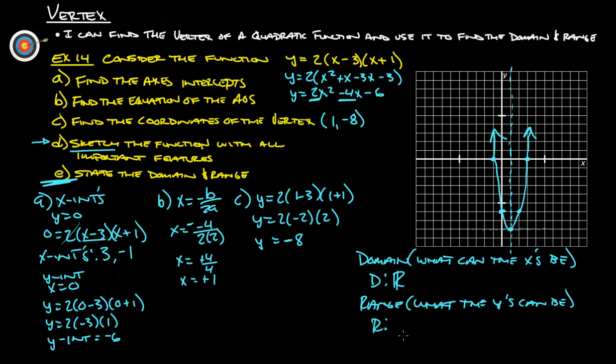And then it just gets bigger from there up. So I can say x is going to have to be bigger than or equal to negative, oh, not x because it's range, sorry. That should be y is greater than or equal to -8. Okay, so that's all the y's. Everything up here in the 8 millions or whatever, this graph would eventually get up there. Okay, that's all we have for Vertex.